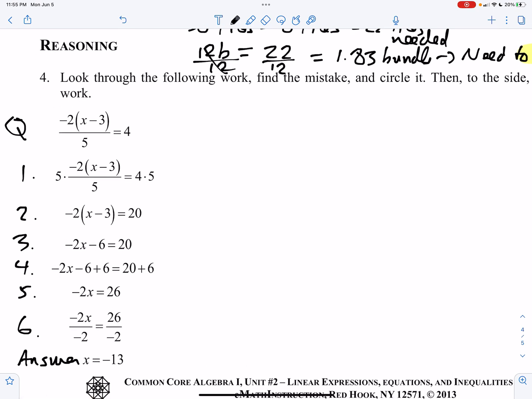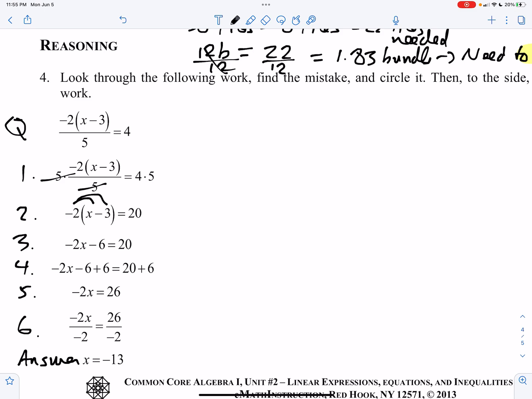Now, if you cancel the 5s, we end up with negative 2 times x minus 3, and over here, 5 times 4 is 20, so that looks right. Then we're going to distribute negative 2 times the x, and negative 2 times the negative 3.